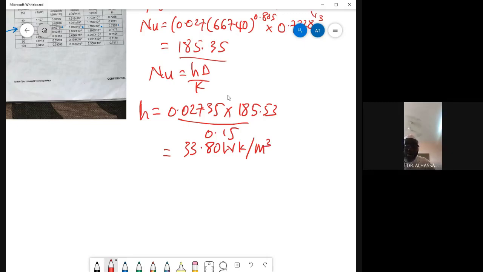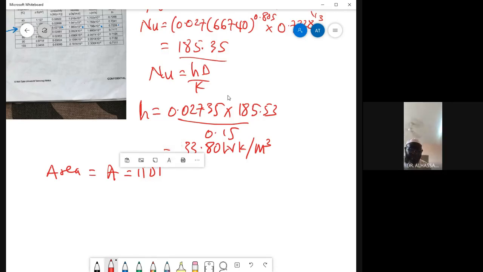Now let us see over here. We have the value for area, the area of the pipe. A equals pi d L. So far we don't know the length.